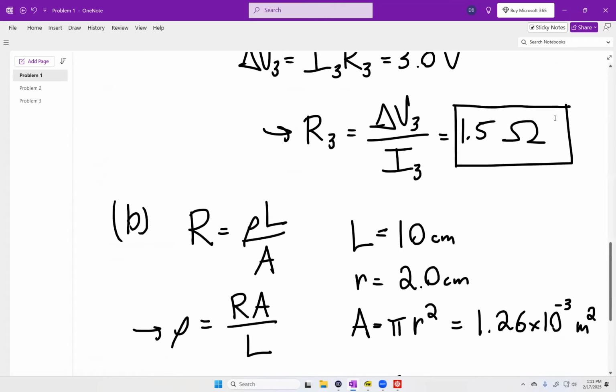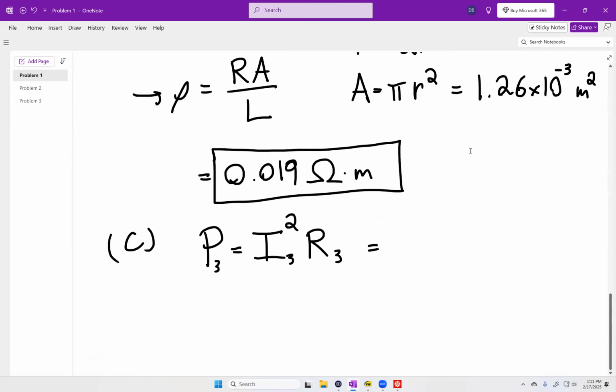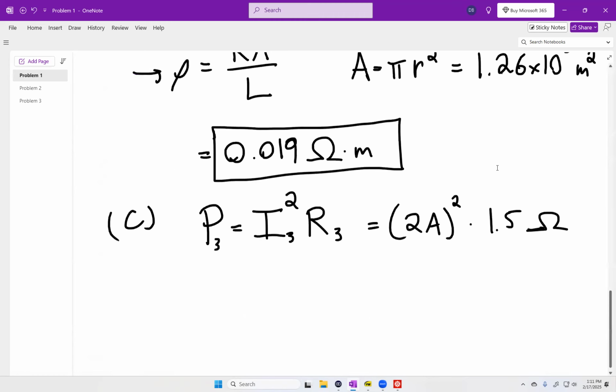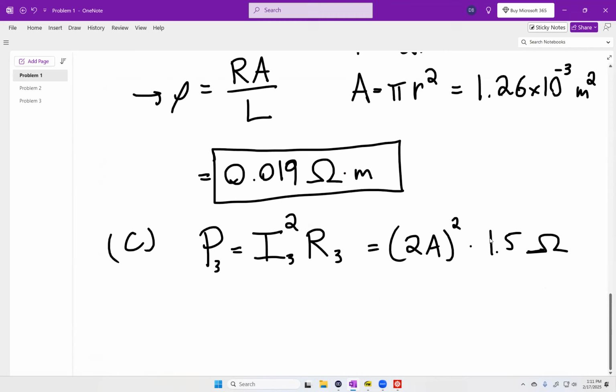We have the resistance, which is 1.5. So this is just 4 times 1.5, which is 6 watts.